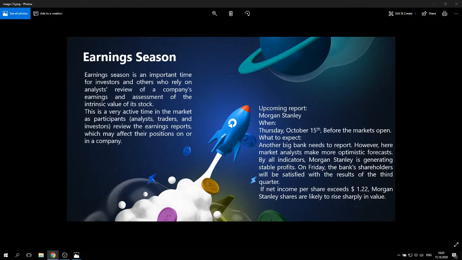So earnings season refers to the months of the year during which most quarterly corporate earnings are released to the public. It's sort of financial statements in short. This season generally occurs in the month immediately following the end of each fiscal quarter, and typically falls in January, April, July and October.